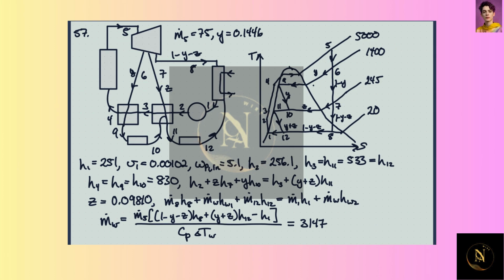And then m dot 1 is just m dot 5 in the end. So again, we get all of these mass flows too. And in the end, we know everything in here except the mass flow rate of the cooling water.